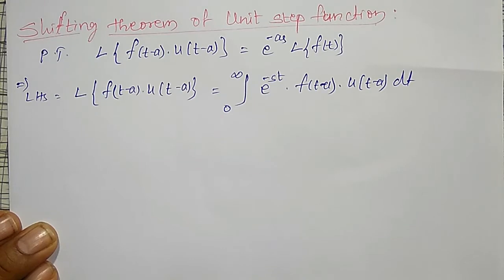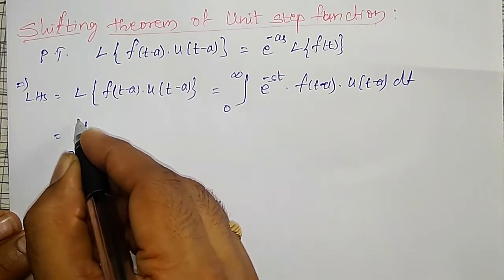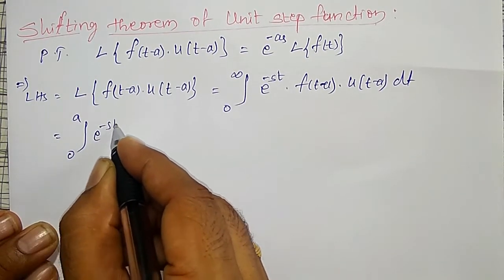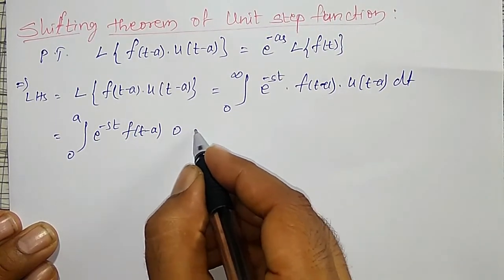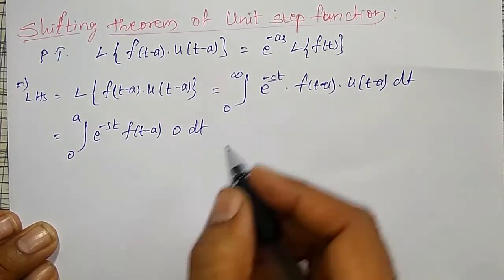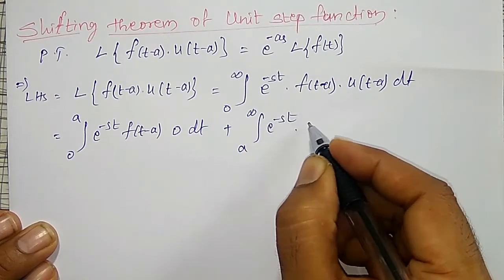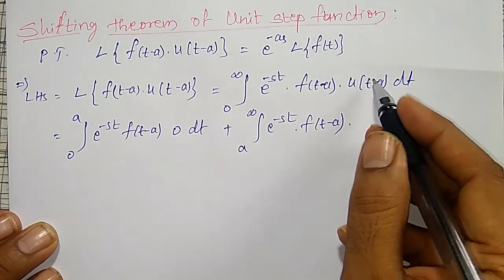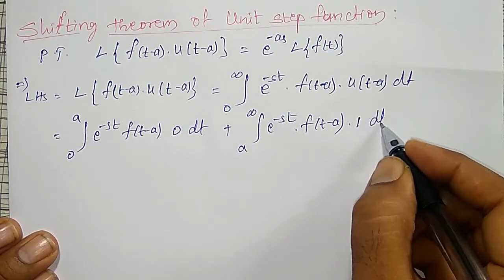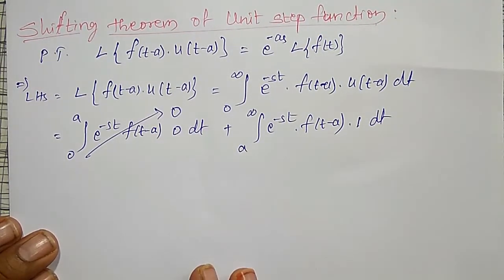But this unit step function is defined between 0 to a and a to infinity, so I will split it: the integration from 0 to a of e to the power minus st into f of t minus a, but the unit step function is 0 between 0 to a, plus the integration from a to infinity of e to the power minus st into f of t minus a, where the unit step function is 1, dt. The first part is 0 into anything, which becomes 0 again. Only this one I have to integrate.